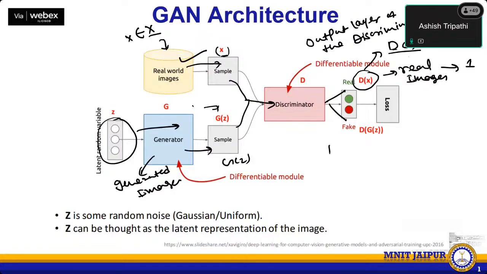And what is D of z? This is the probability that is obtained after applying the discriminator model on the data that has been generated by the generator, and it should give a value between 0 and 1. And ideally, what should be the value of this one? Can anyone tell me?